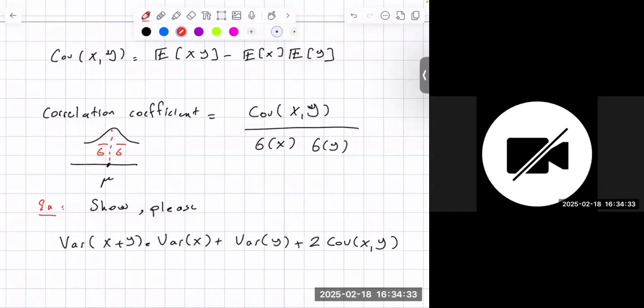I would like you to think about it for a couple of minutes. It's literally algebra. Look up the definition of variance in your notes, plug it in here, then do the little algebra. You'll hopefully see this is the identity. And when you see this, it literally tells you what happened to the variance when you add them up. If this is positive, you increase it.